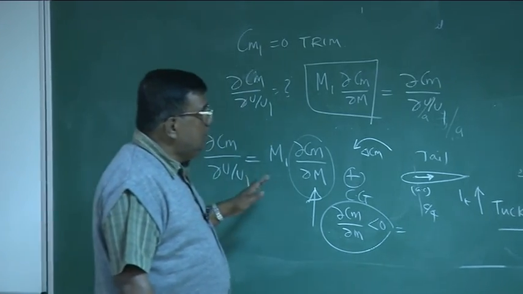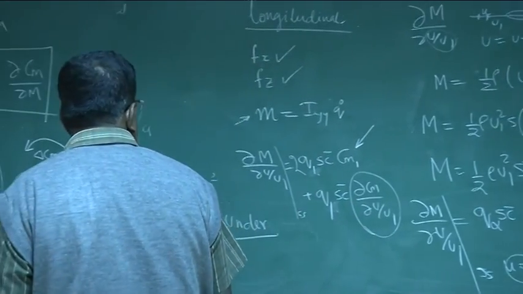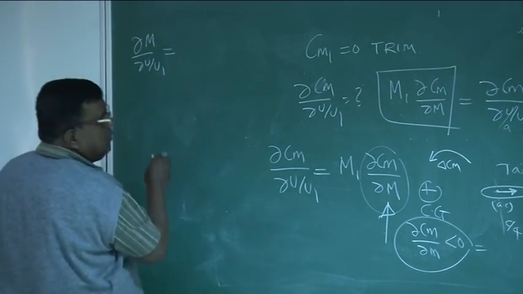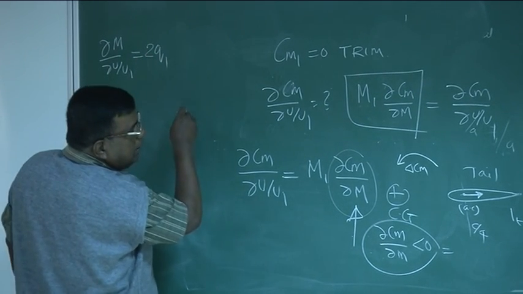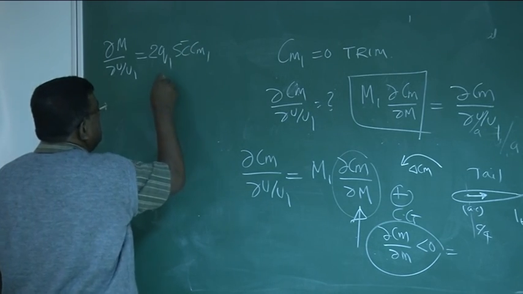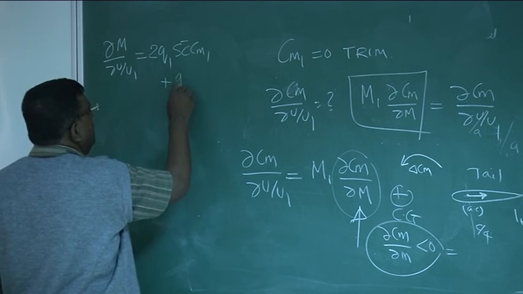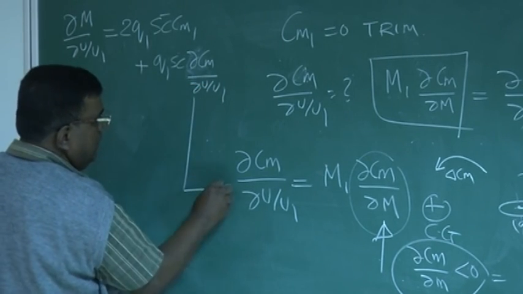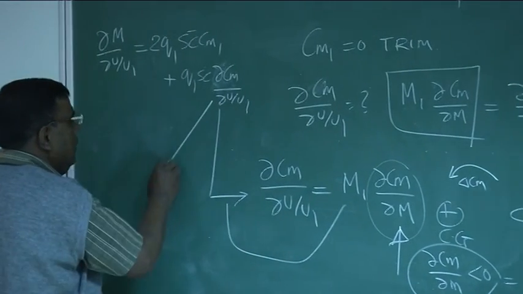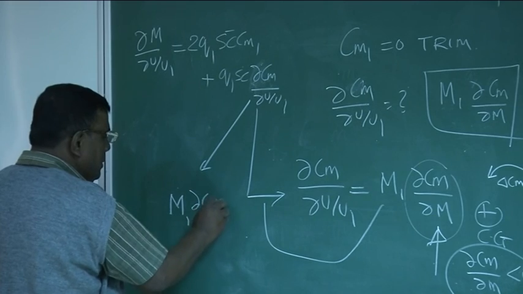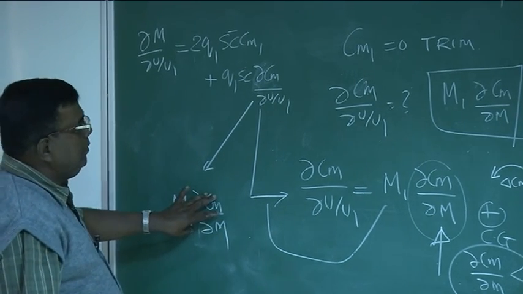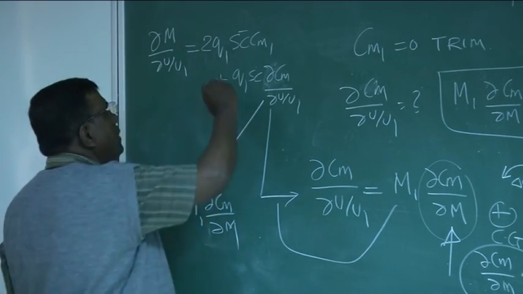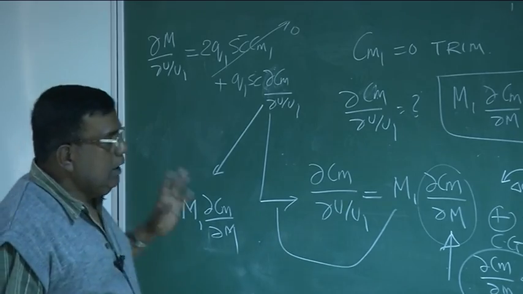So our aim was to find dM by d(u by u1), and we have seen this is equal to q1 S c bar Cm1 plus q1 S c bar into dCm by d(u by u1), which is nothing but M1 into dCm by dM, and this is negative at supersonic speed. That is the derivative, and if the trim is at cruise, then Cm1 definitely is 0. This is one term we have evaluated.